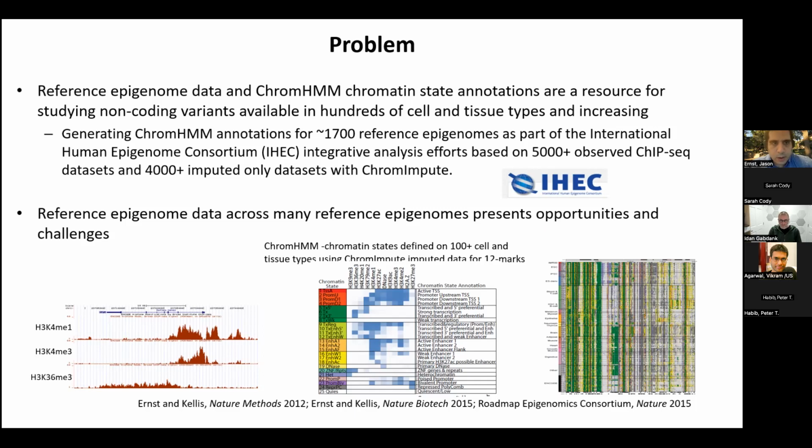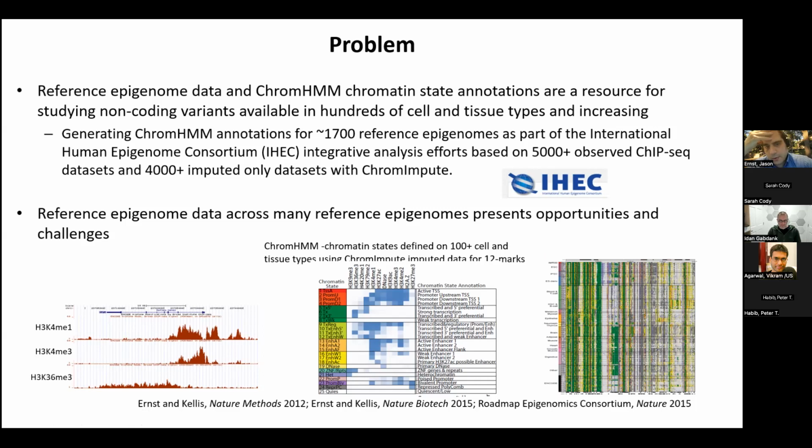I'm currently collaborating with the International Human Epigenome Consortium, which has recently finished the processing of data from about 10 different epigenome mapping projects and combined it in a unified way, which will have 5,000 ChIP-seq data sets, and we've imputed more than 4,000 data sets that are only available in imputation format, and we're in the process of generating ChromHMM annotations for 1,700 reference epigenomes.